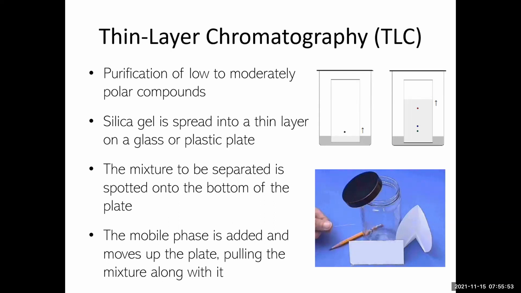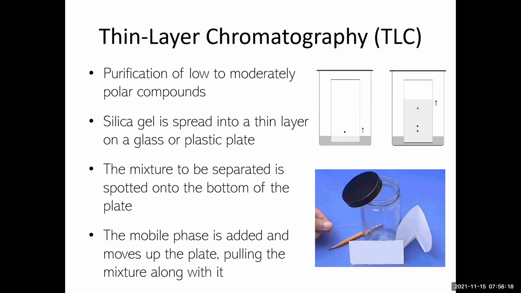So again, we dissolve it into a little bit of solvent that will evaporate anyway, so it's not going to affect the TLC process. And then we will use a capillary tube to spot that compound that's dissolved in solvent onto the bottom of the plate after we draw a pencil line. And I'll talk more about that in a minute.